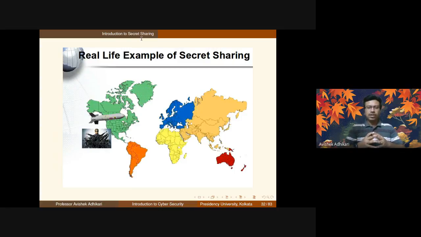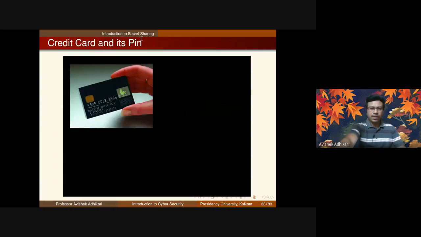To get access to that laptop, the password is shared among, say, 3 participants: maybe the prime minister or the president of that country, the chief of defense, or the defense minister. If at least 2 of them agree to launch the missile, only then can the missile be launched. That's quite practical for very powerful missiles. Not exactly a secret sharing scheme, but the concept is quite similar here.